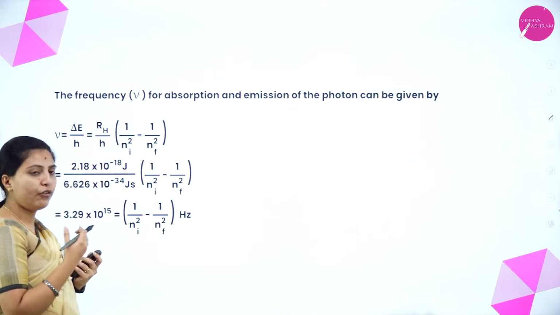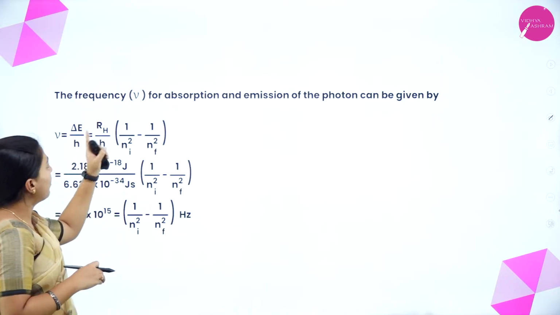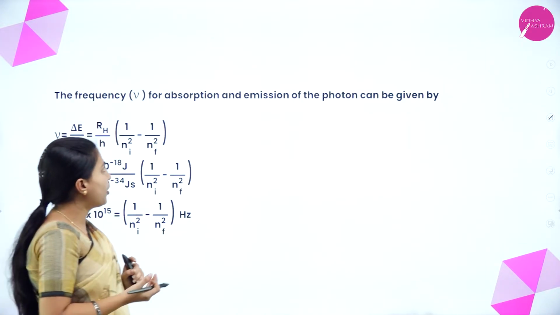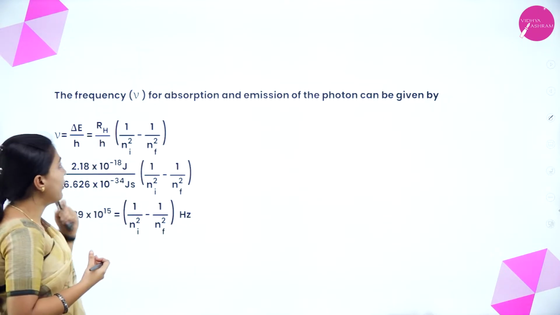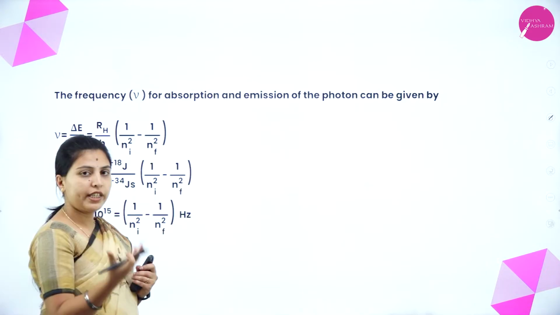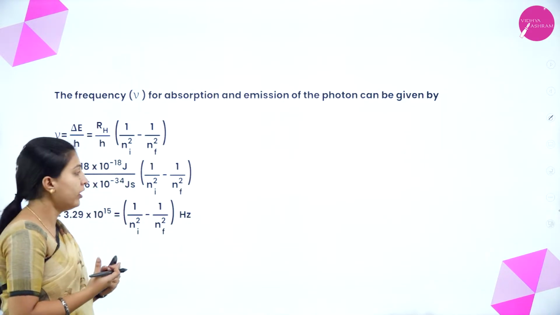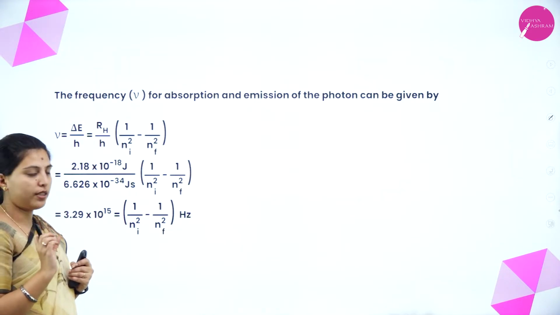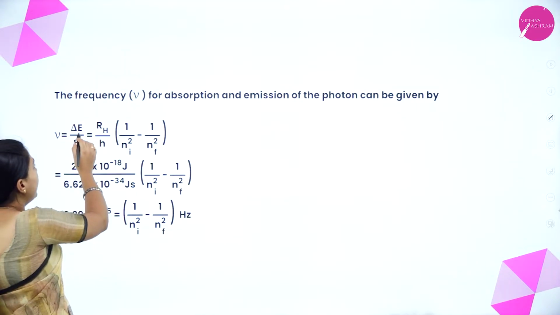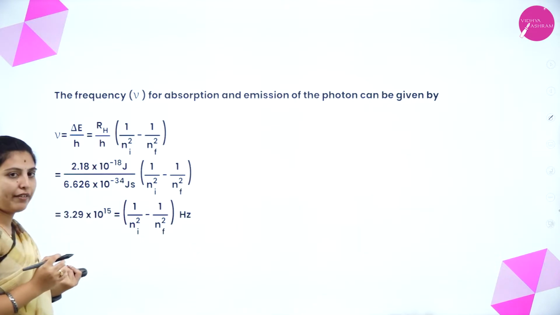Next, in terms of frequency, nu, the frequency for absorption and emission of a photon can be given by the radiation frequency. So how is delta E by h taken?